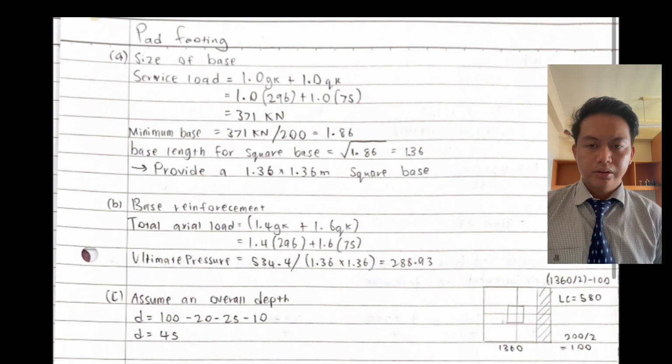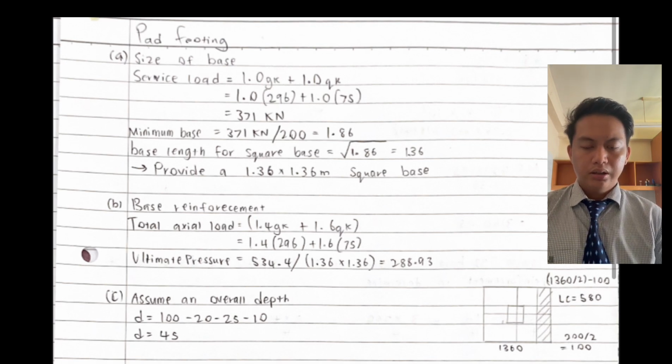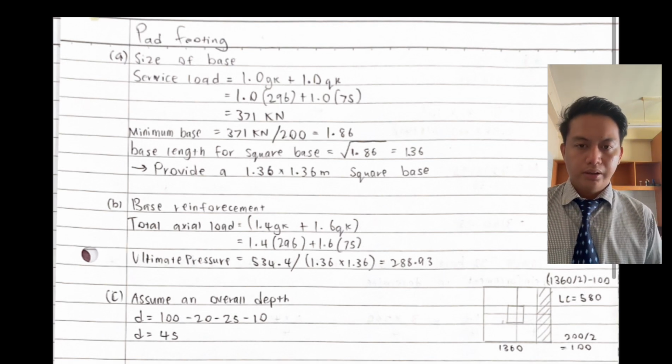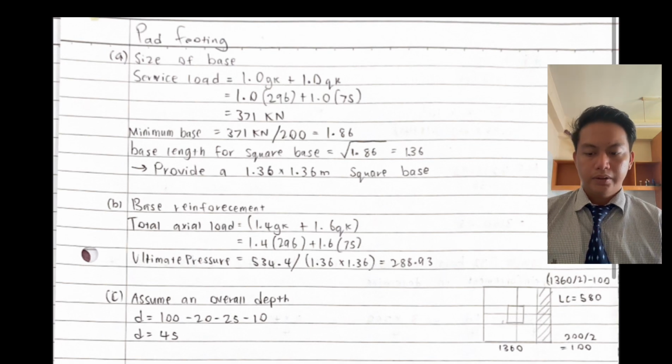The total axial load is 534.4, and the ultimate pressure is 288.93. And moving to the next point is to assume an overall depth. We assume the depth is 45.